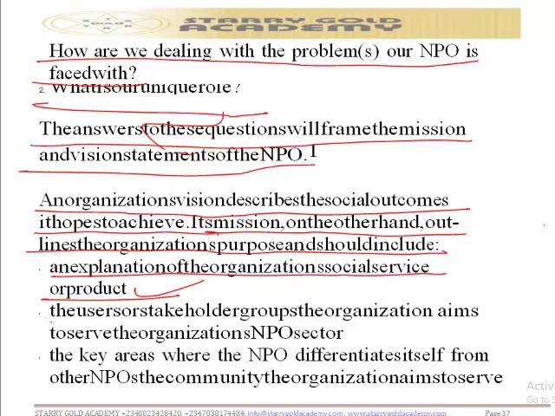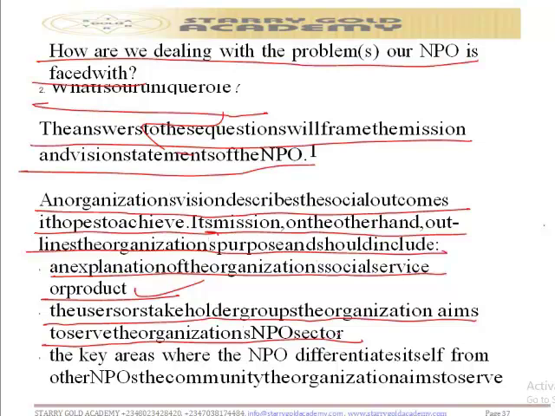Secondly, the users or stakeholder groups that the organization aims to serve in the NPO sector.